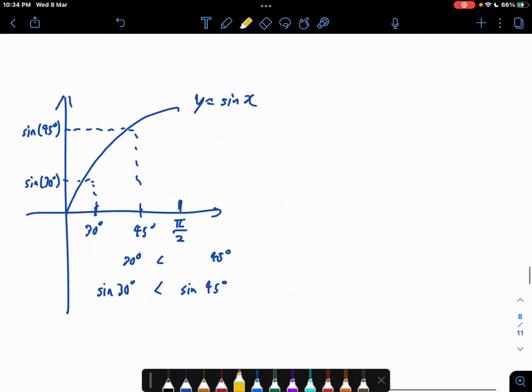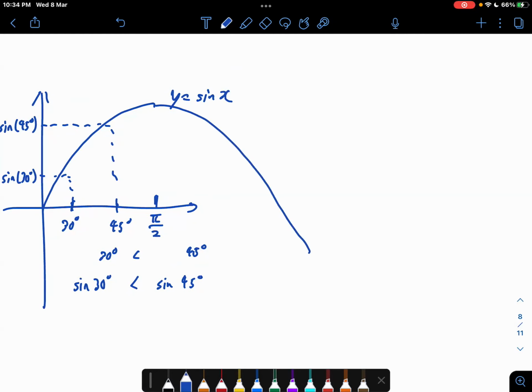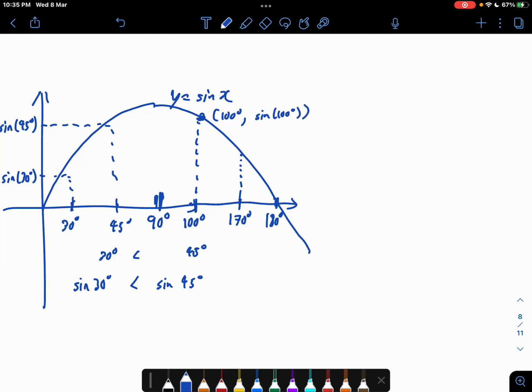However, if now I go to a second part of the sine curve, which is decreasing, let's say this is 100 degrees, and over here is 180. So something smaller, let's say 170 degrees. You go up, then there's a corresponding 100 degrees, sine 100 degrees, versus 170 degrees, sine 170 degrees. Can you see that sine 170 degrees is below sine 100?